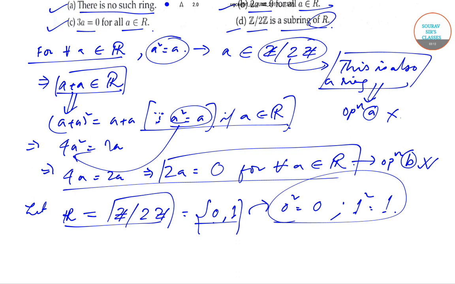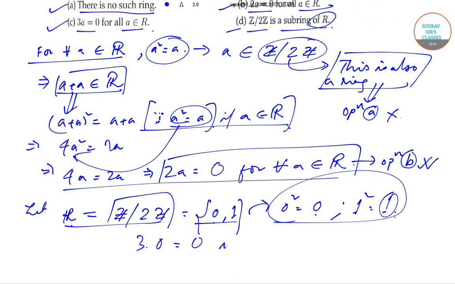So now if we take an element which belongs to such a set, that will be equal to 1. If we take 0, then 3 into 0 is definitely equal to 0, so that is fine.